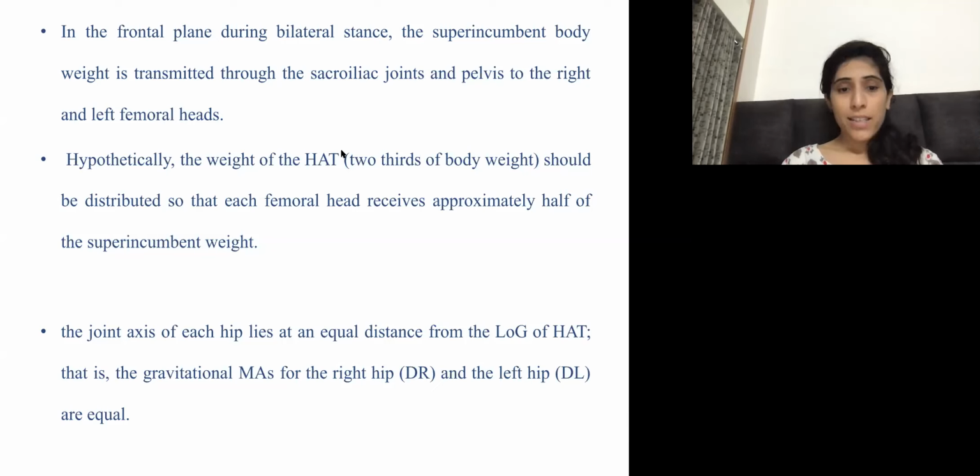So the joint axis of each hip lies at an equal distance from the LOG of the head, arm, and trunk. That is, the gravitational moment for the right hip joint and the left hip joint are equal.